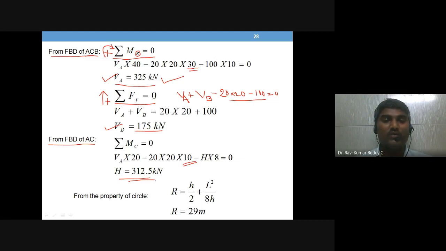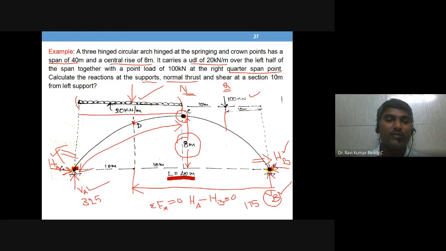So this is how you find the external reactions. I'll just brief it once again: how to find external reactions in a three-hinged arch. It's very simple. First, take the free body diagram of the entire arch. Take the full arch and draw its free body diagram. You will find 4 support reactions: VA, VB, HA, HB.